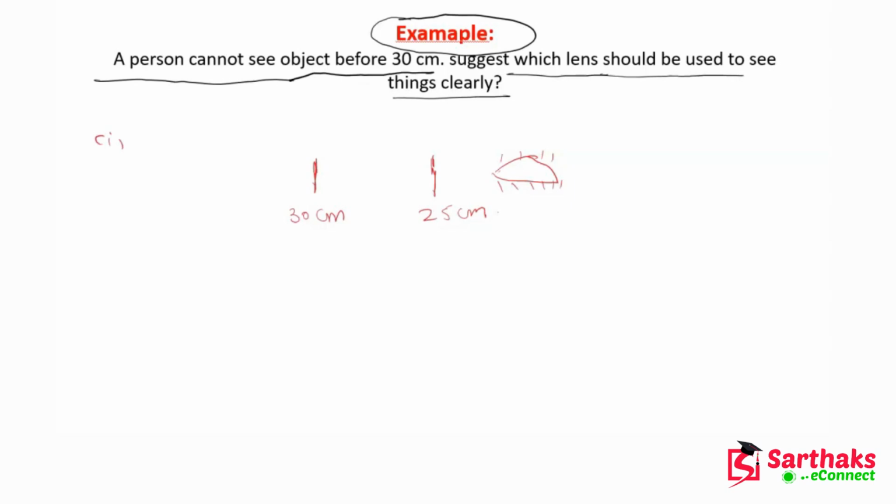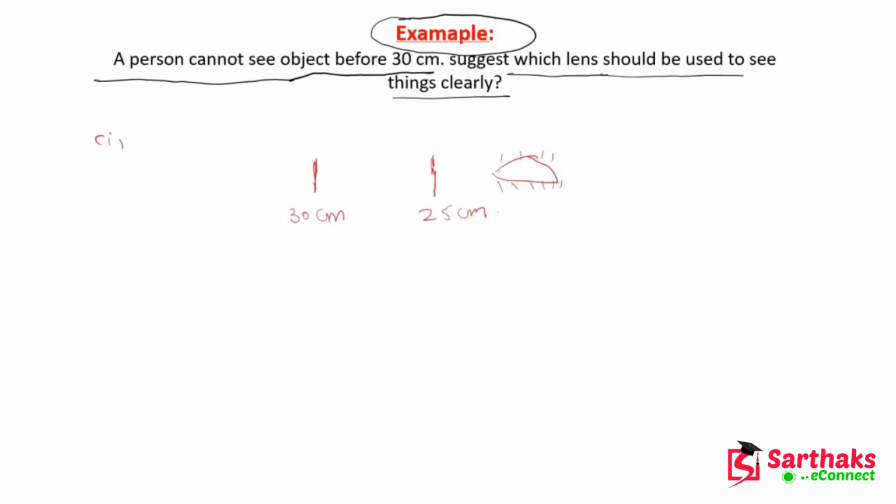This person cannot see the things before 30 centimeter; it can see the things only beyond 30 centimeter. So it means this person has hypermetropia, because it cannot see the things which are near to him. It can see the things which are far away but cannot see the things which are near.